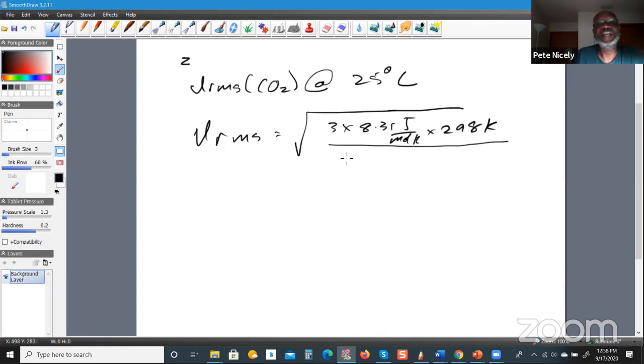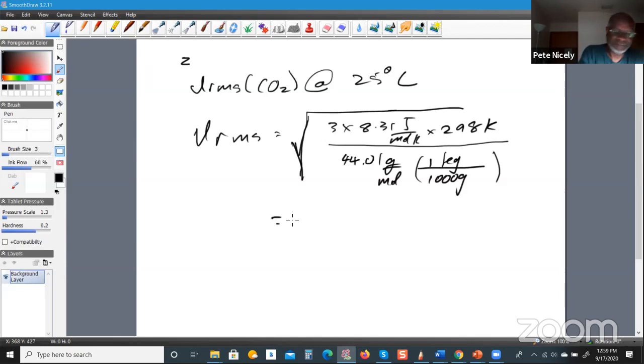The molar mass of carbon dioxide is 44.01 grams per mole, but you have to convert that to kilograms per mole, so you multiply by 1 kilogram over 1,000 grams. And that's basically it.